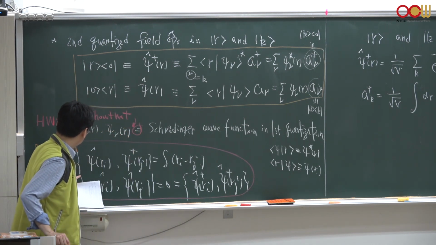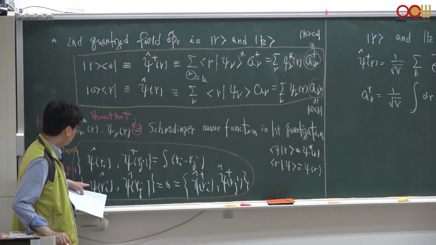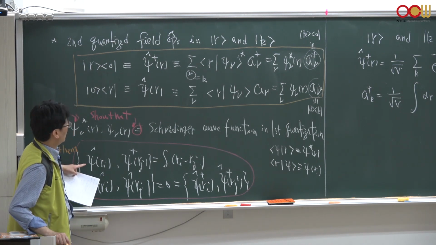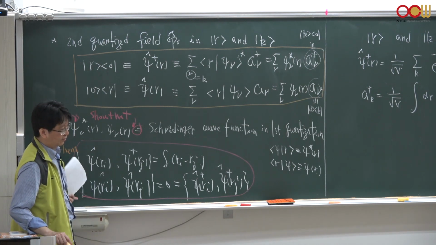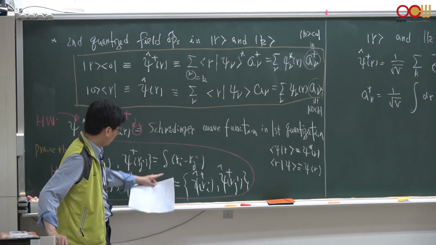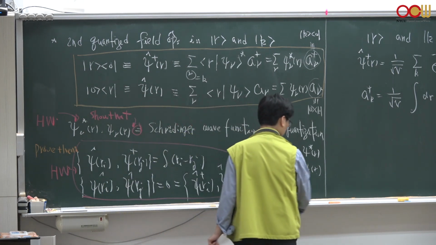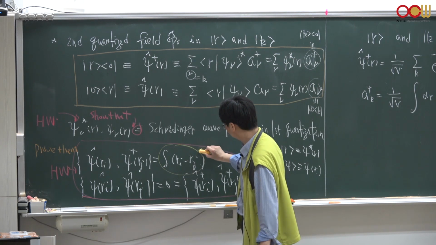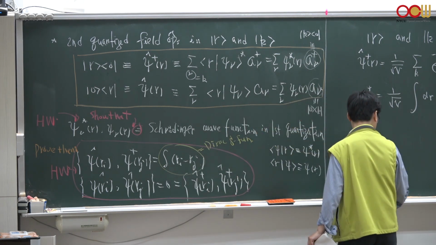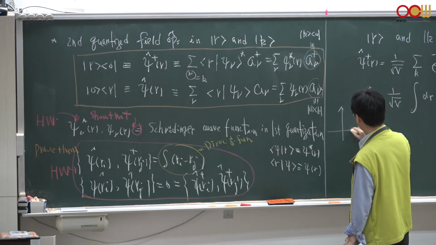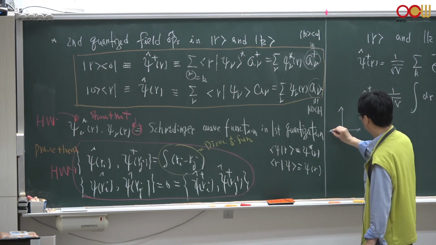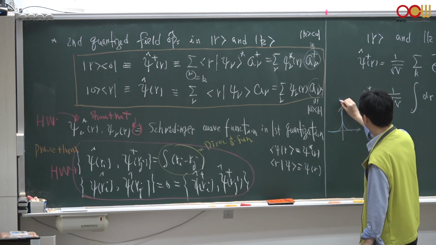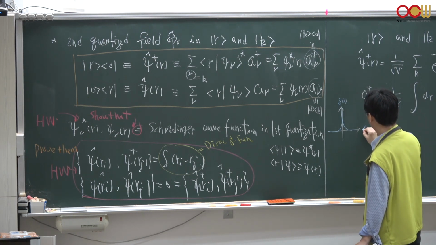There's a second homework assigned to you: to show that the anti-commutation rules for psi of r and psi dagger of r follow exactly the same anti-commutation rule. But pay attention to this delta function here. This is a Dirac delta function. As I defined already, this Dirac delta function is a sharp peak when its argument vanishes. So this is delta of x, 0.